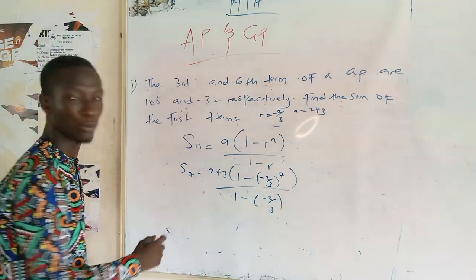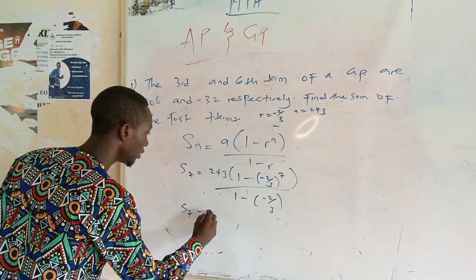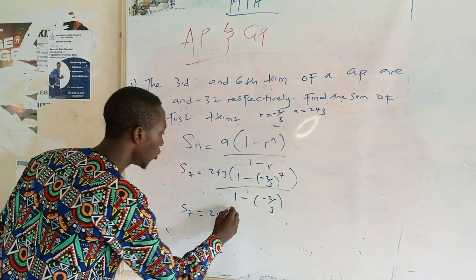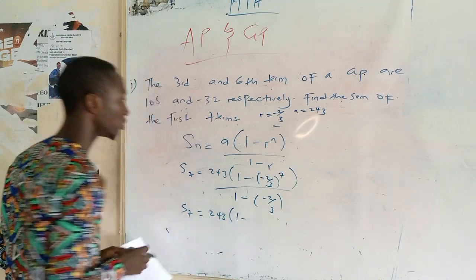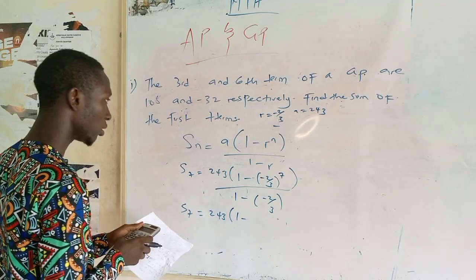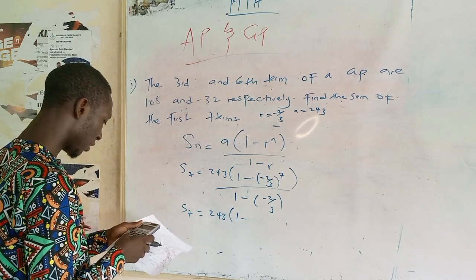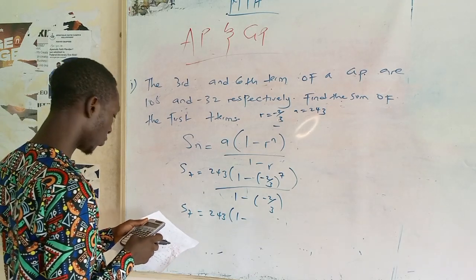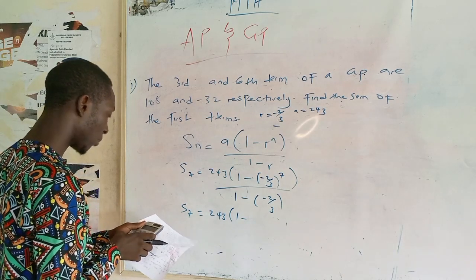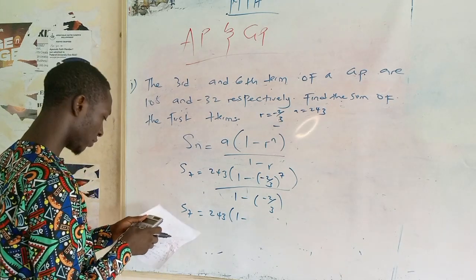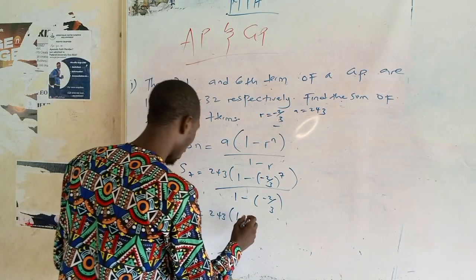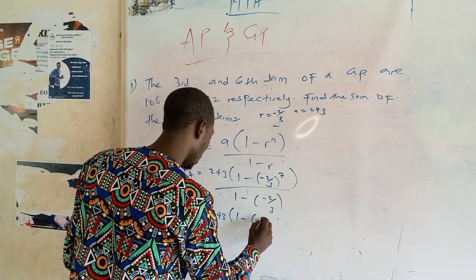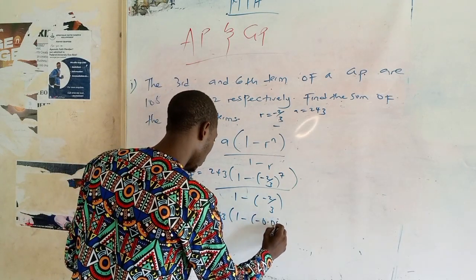S7 is now 243 open bracket 1 minus. Now let's solve this. Minus 2 divided by 3 is minus 0.66. Now this is to the power of 7. We still have the negative, so I'll have minus 0.0585.